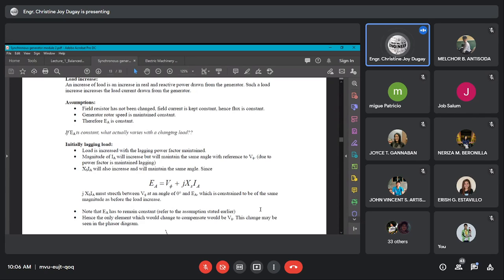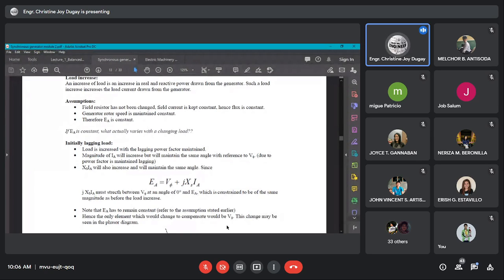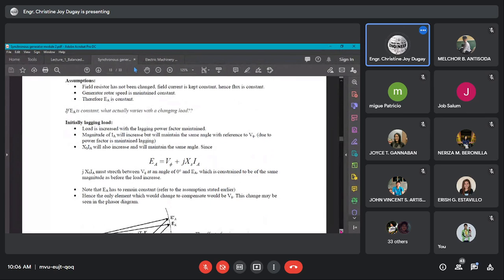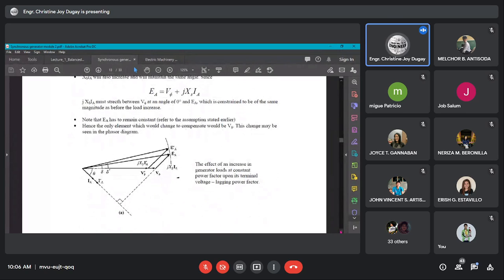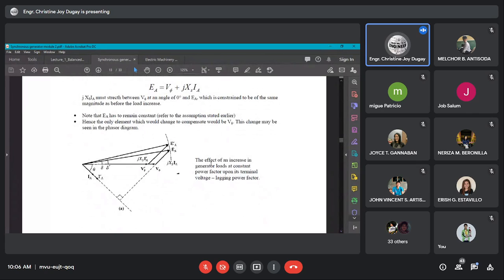Hence, the only element which would change to compensate would be V phase. This change may be seen in the phasor diagram. This is the effect being described: the effect of an increase in generator loads at constant power factor upon its terminal voltage, with a lagging power factor.